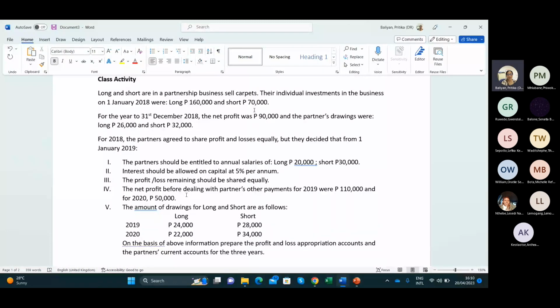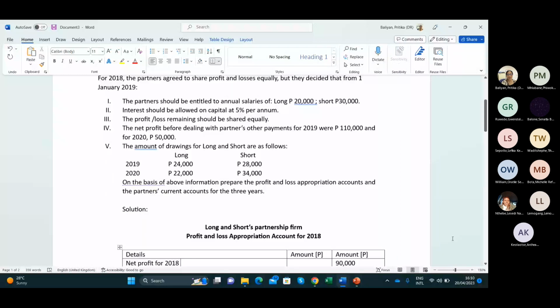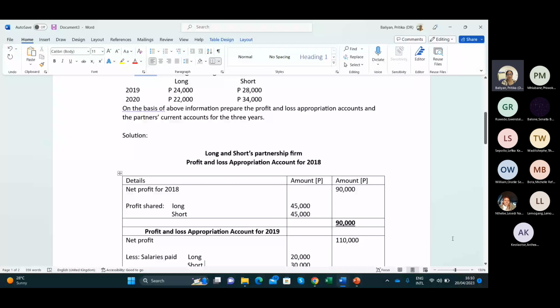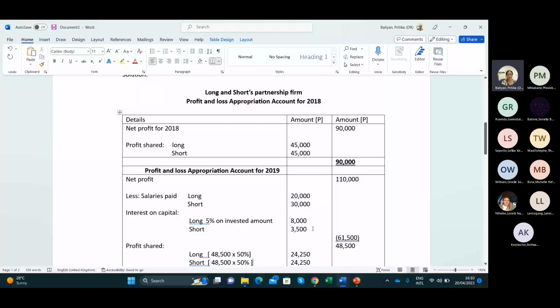So 5% interest on capital, how much is it going to be? 8,000 and 3,500. Okay, so 8,000 for Long and 3,500 for Short is the interest on capital.